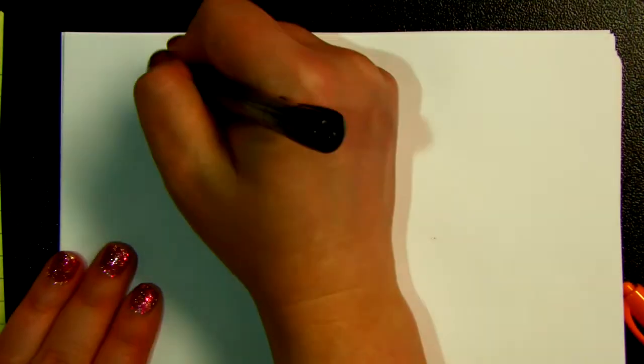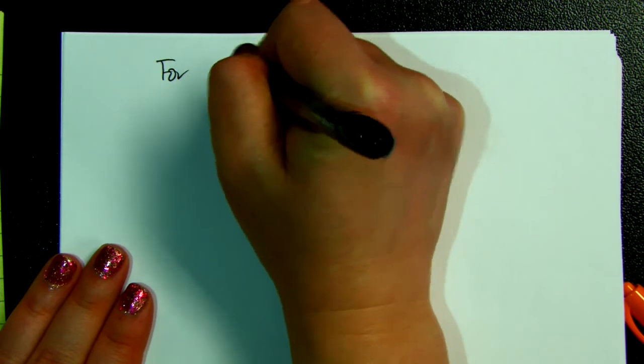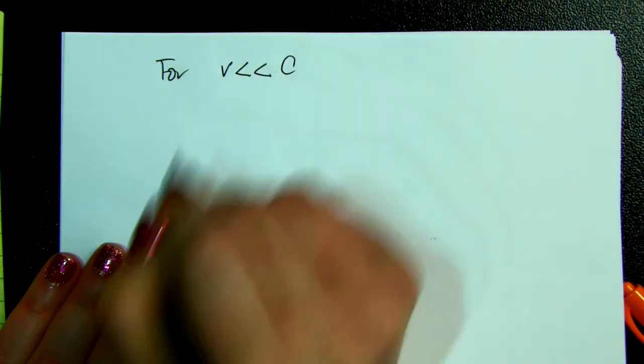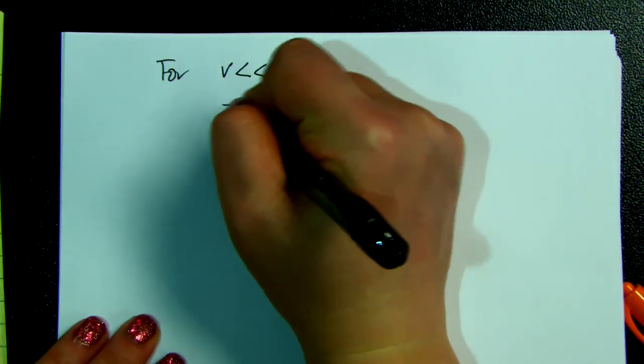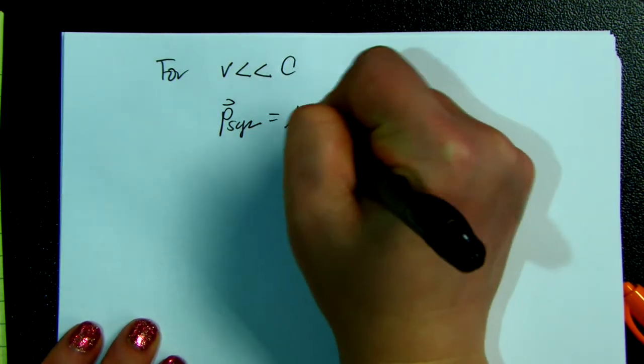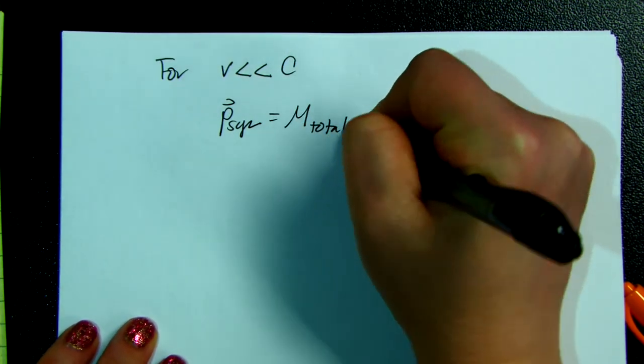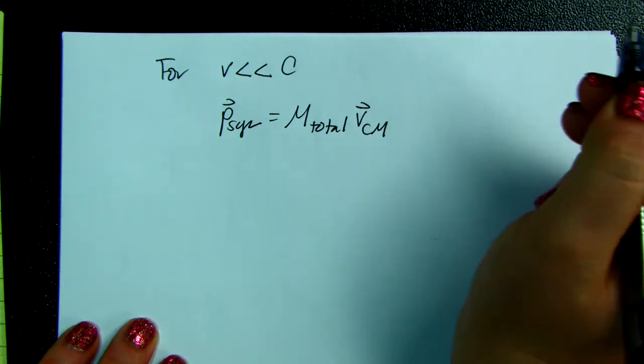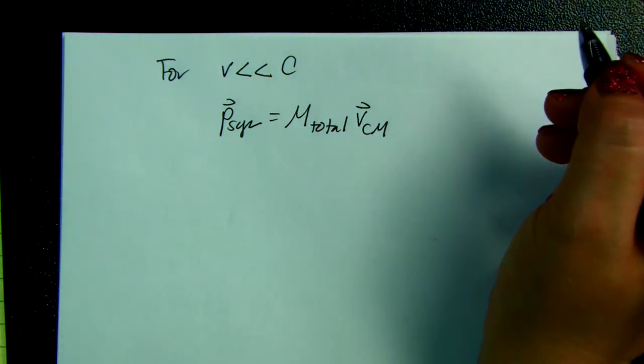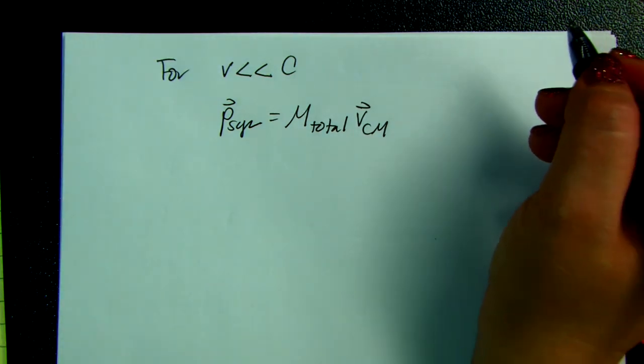And then a couple other things just to remember. For velocities much, much smaller than the speed of light, the momentum of the system is equal to the total mass times VCM. You should be well familiar with that equation at this point.